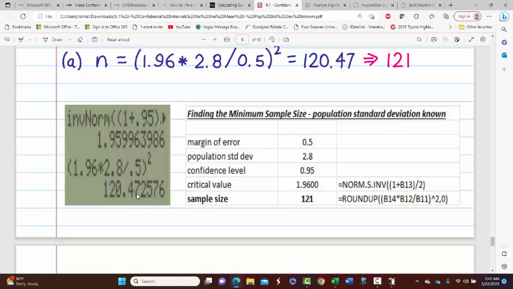We round up, as I did right here on the top of the screen, to 121. But put it in the calculator, Excel. 0.5 margin of error. Population standard deviation 2.8. Confidence level 0.95. And 1.96. And then it gives you the answer right there, 121. Convenient.